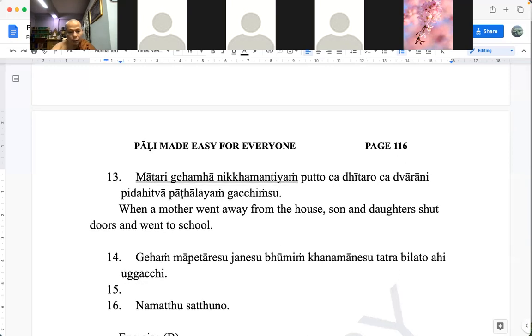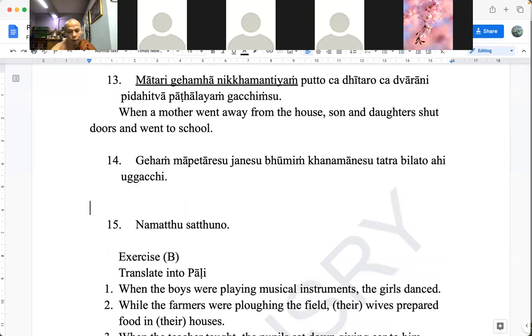Okay, now number 14. So Gehan Mabitarisu Janesu Bume Kana Manesu Dadara Bilato Ahi Ogechi. Okay. So here also Janesu, Jana people with the locative case, and then Kana Manesu. Kana Mana is a present participle and Isu is locative case. So Janesu Kana Manesu is a present participle.